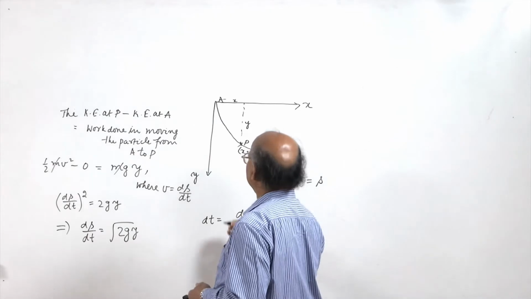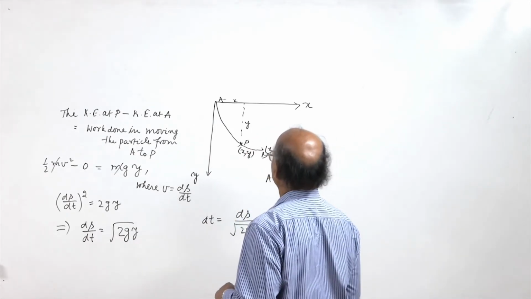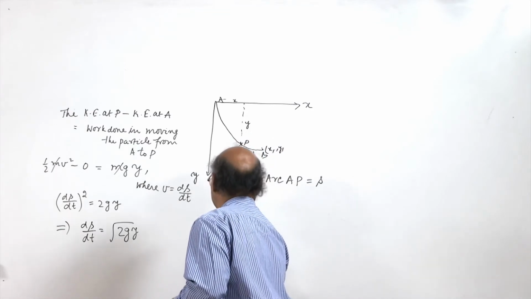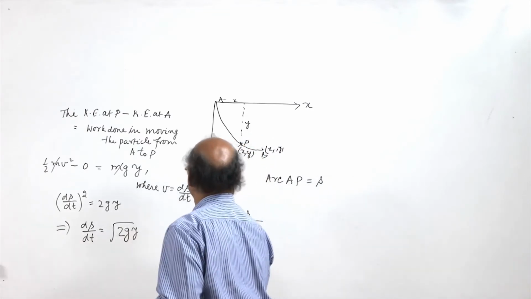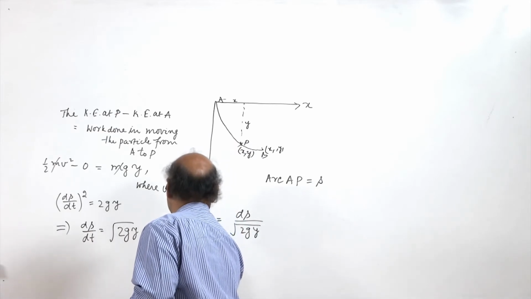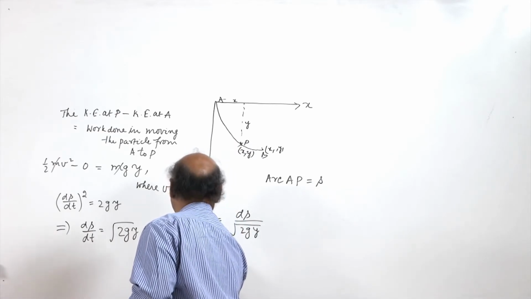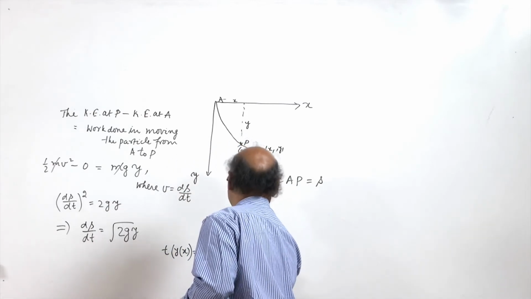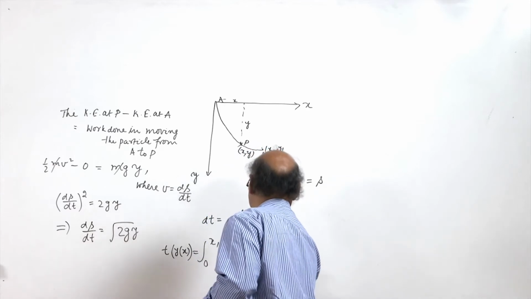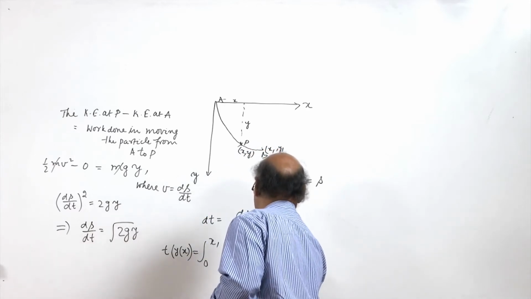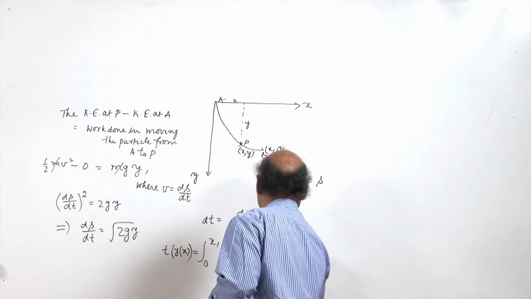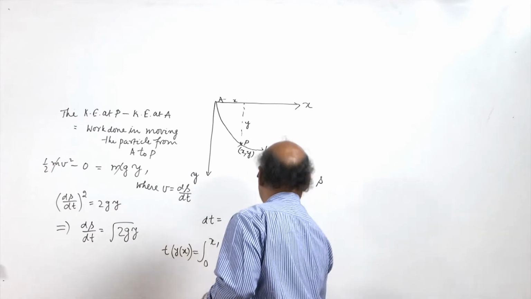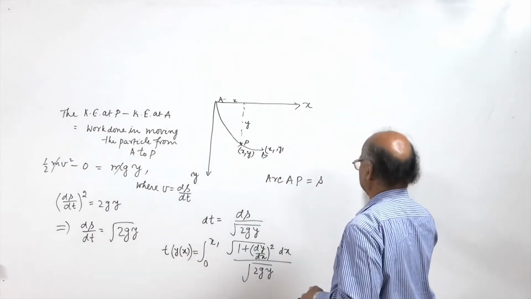When we integrate from A equal to 0 to the point P, we shall have 0 to t equal to 0 to x1, and then ds is equal to under root 1 plus (dy/dx) whole square into dx, divided by under root 2g y.